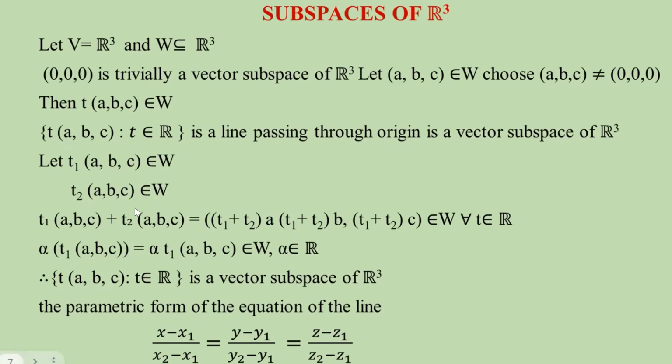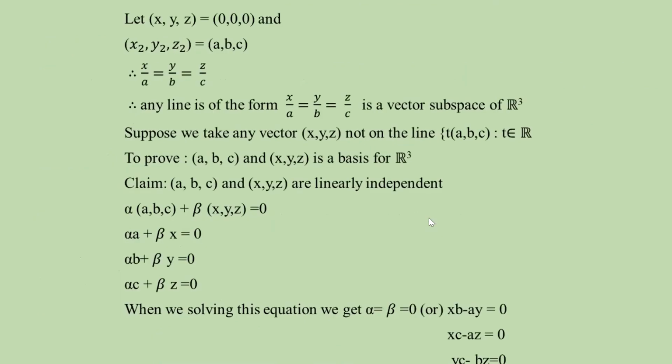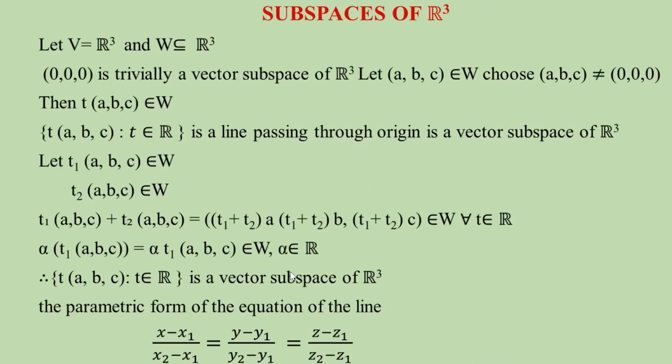Their addition is (T1 plus T2) times a, (T1 plus T2) times b, (T1 plus T2) times c, so it also belongs to W for T1, T2 in R. Also scalar multiplication, alpha times T1 times (a, b, c), belongs to W for all alpha in R. So we can say this is a vector subspace of R3.